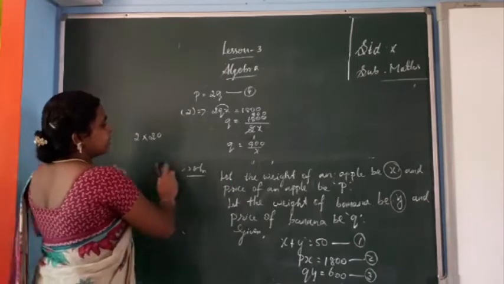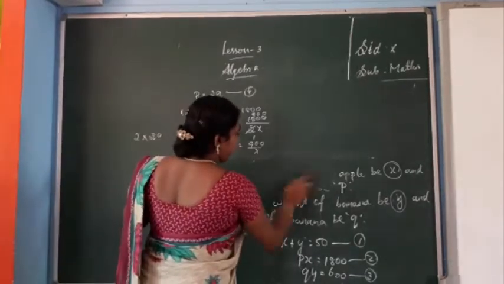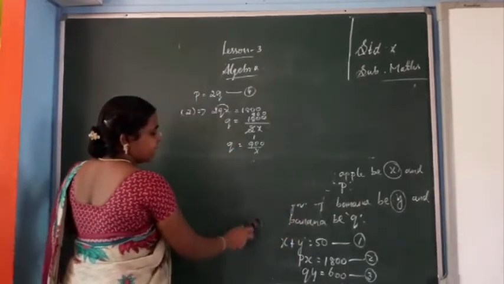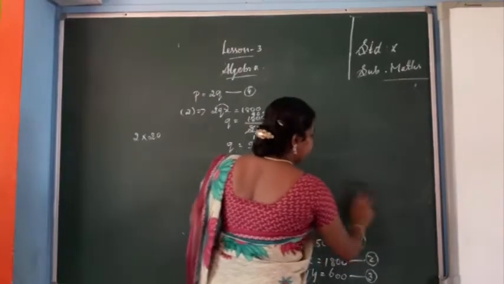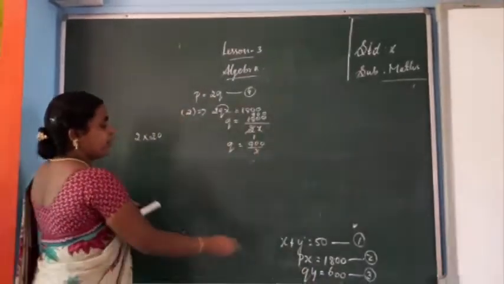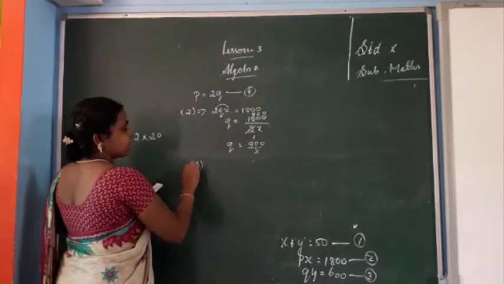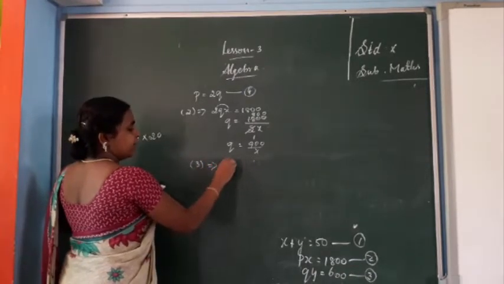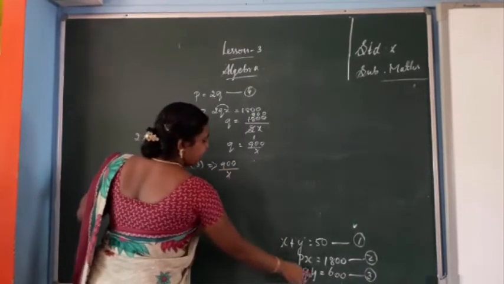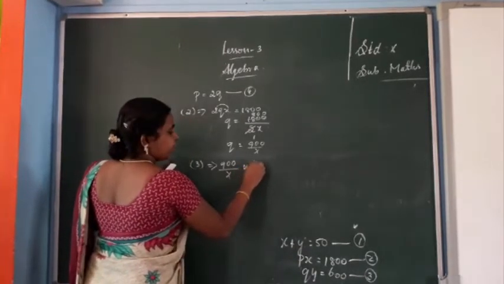Next, again you substitute the Q value in equation 3. QY is there, no? So substitute the Q value there: 900 by X into Y equal to 600.